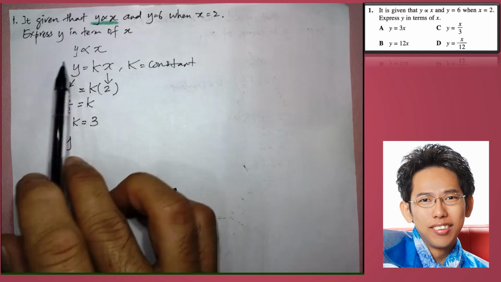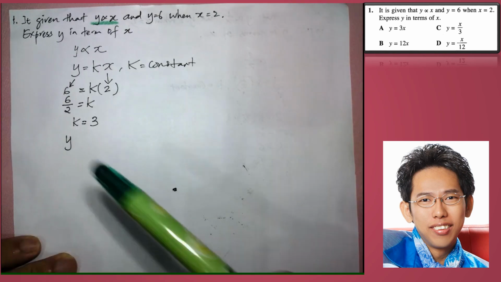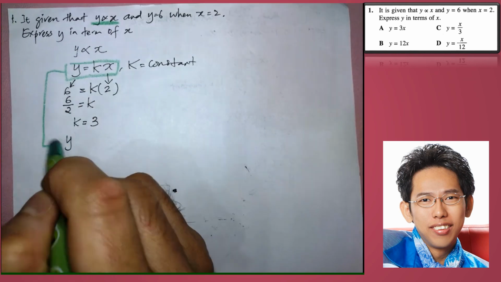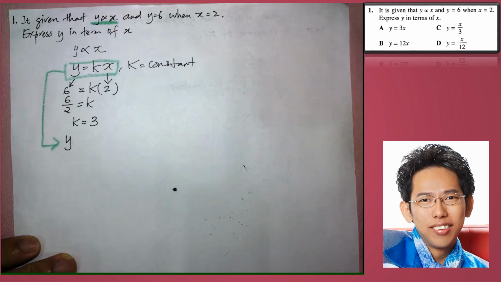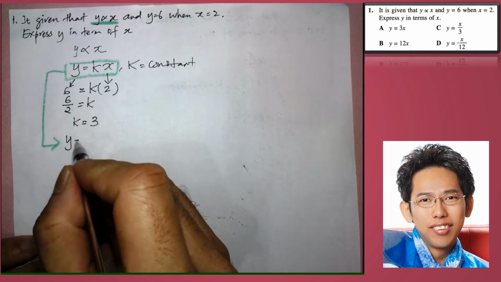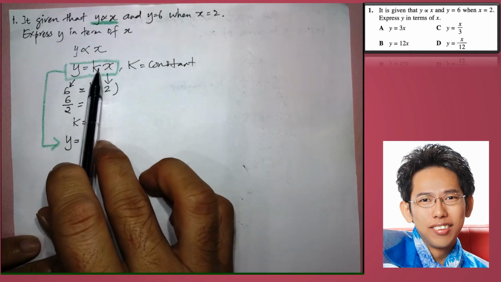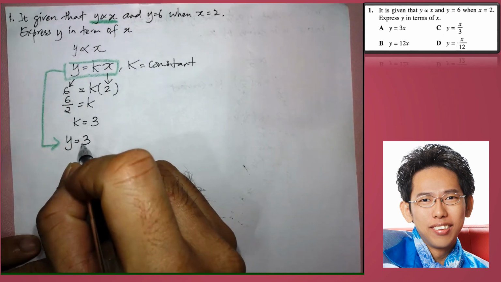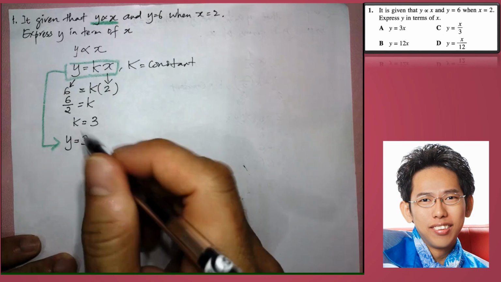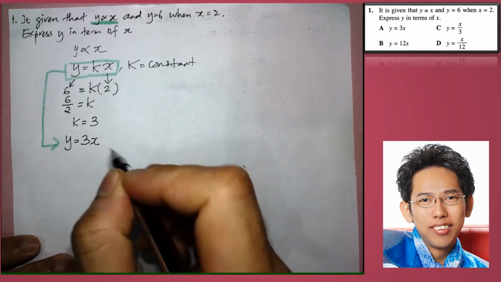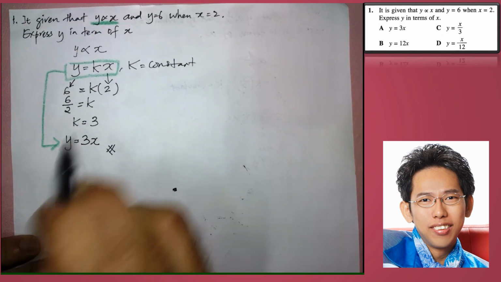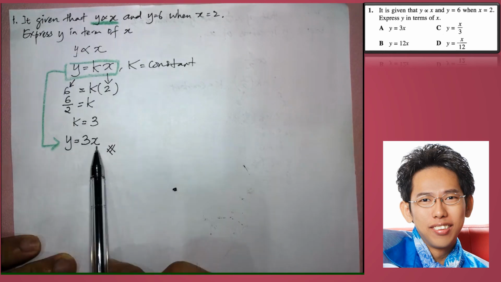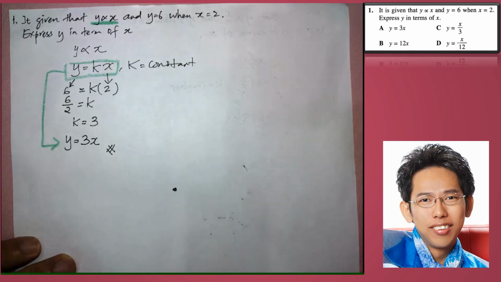Just follow this one. y equals, now k, we don't put k anymore, so we change to the value we have obtained, 3. Okay, k is 3, then x. So this is our answer. Okay, y equals 3x. You express y in terms of x. Okay, thank you.